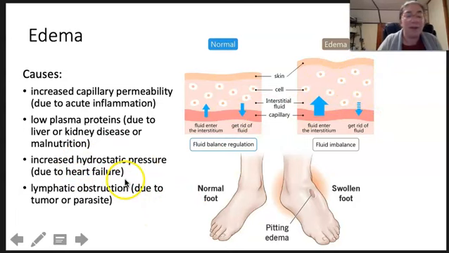If you have heart failure, someone with heart failure has increased hydrostatic pressure, so it pushes more fluid into the tissues than it's pulling out.